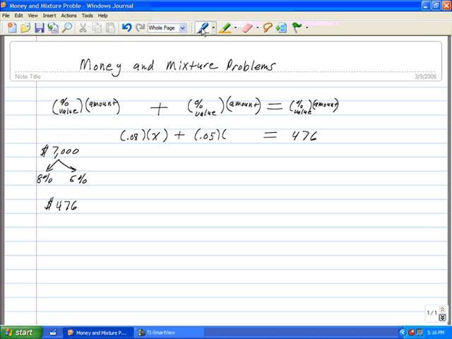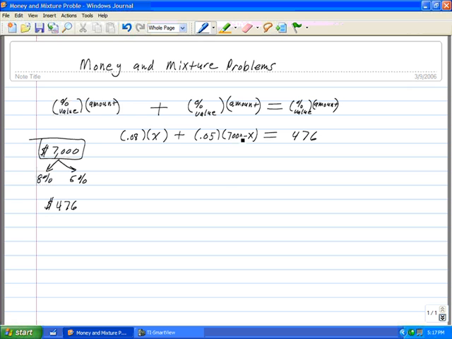And the way we can do that is to say, if we're investing a grand total of $7,000, and from that you've already put x dollars in at 8%, the rest of it, which would be 7,000 minus x, has to go into the other investment. Again, if you want to see how this works, you could pick a number for x. Say x was $3,000.